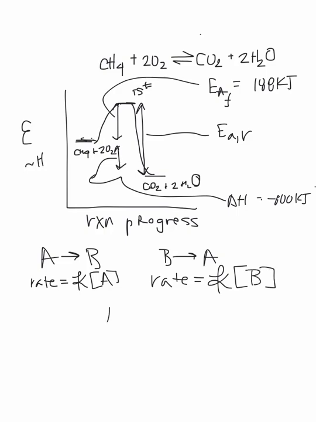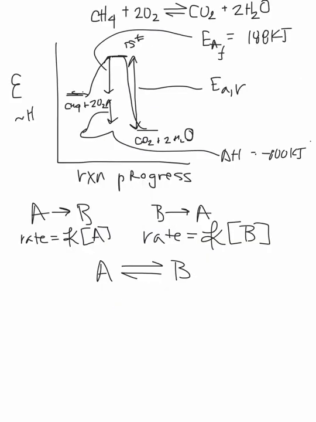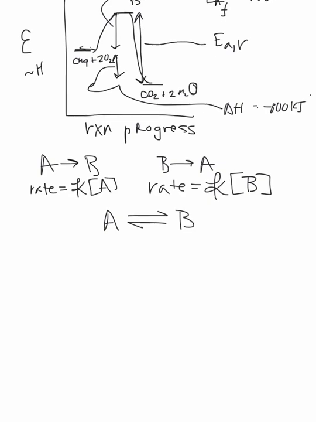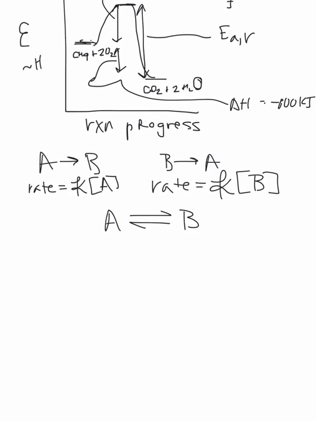If we combine these two together, we have a situation where our reactants and products can interconvert between each other. And we can use our rate laws from those two separate equations to write it out.